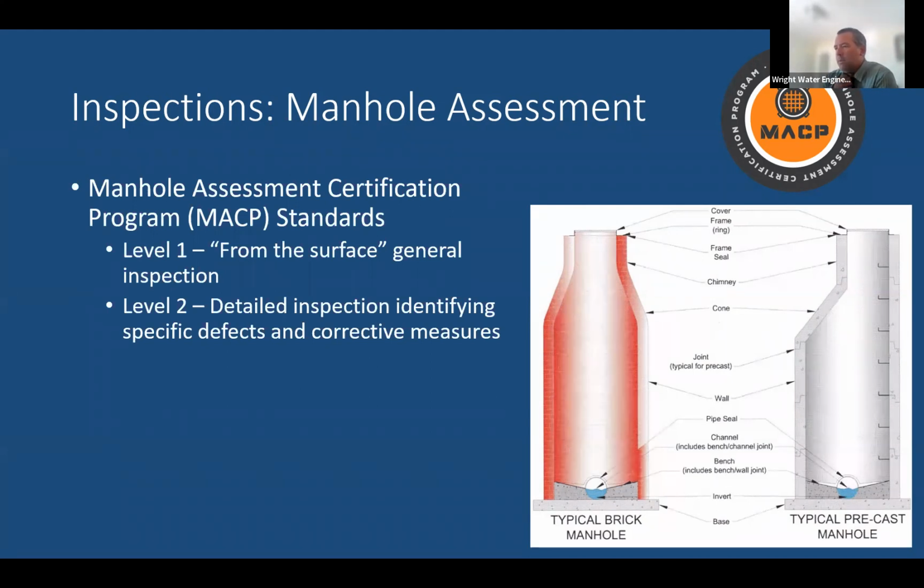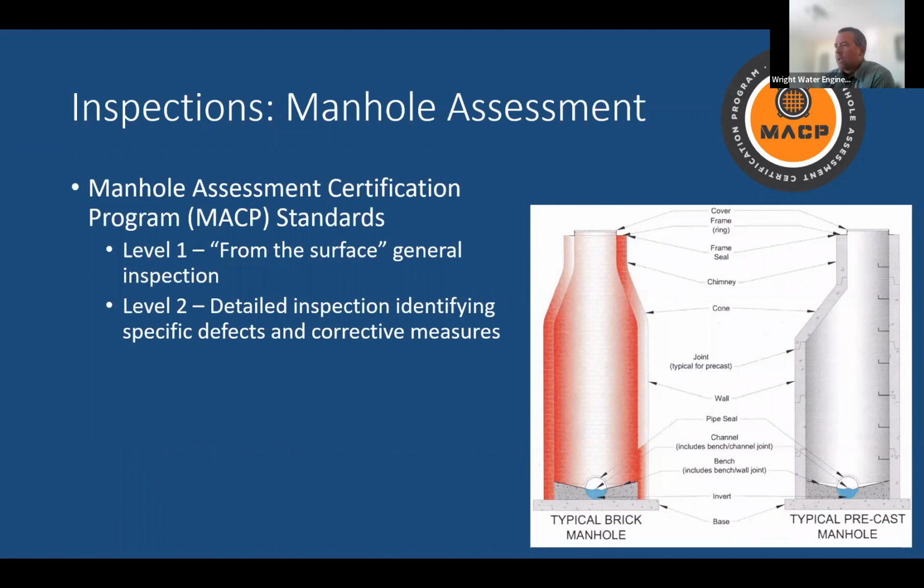There's a level 1, which is what we kind of call just a from the surface inspection. Pop the manhole cover, look down, take some photos, just kind of do a general assessment. And then there's also a level 2, which is a little bit more detailed, where you might actually use some special cameras or some special equipment to identify specific defects and corrective measures.